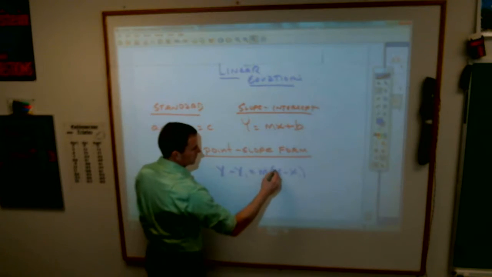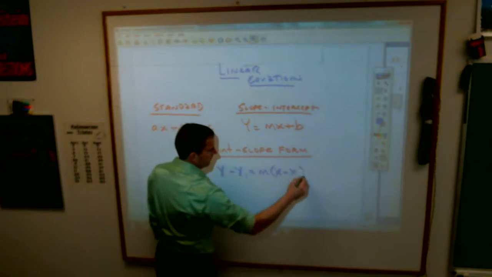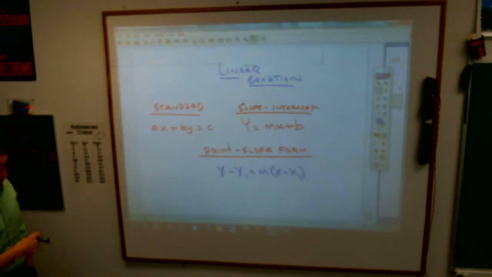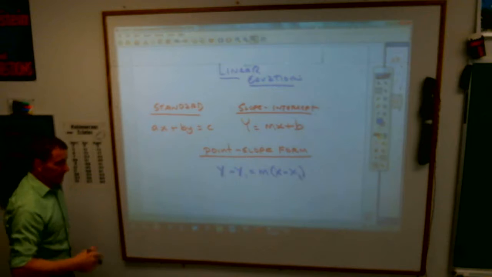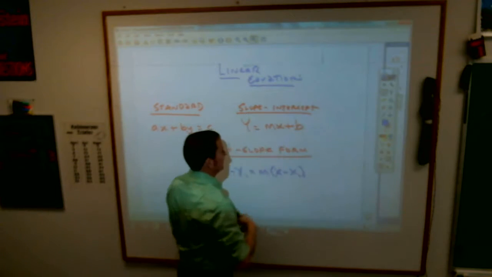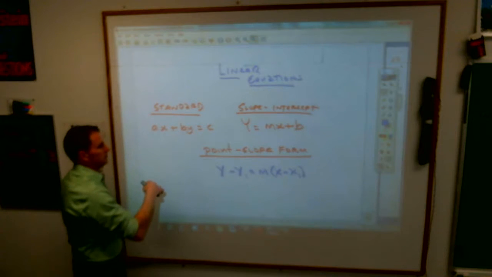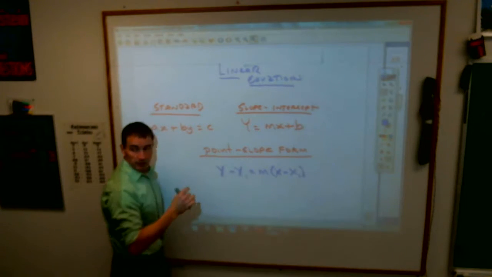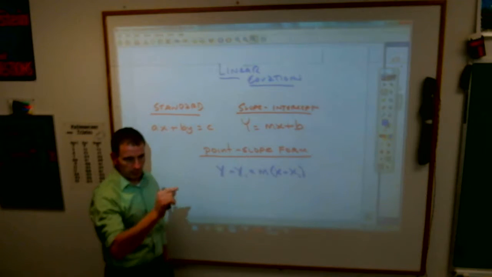I'll give you a chance to process that. It really comes from the slope formula, but that's not here. Here's what something will look like if it's written in point slope form.